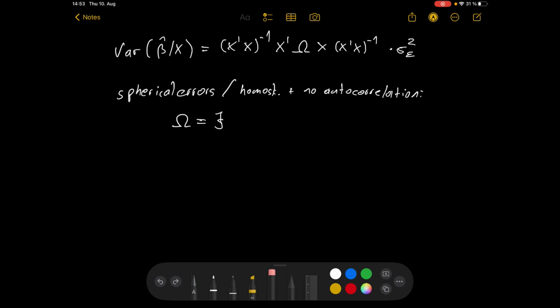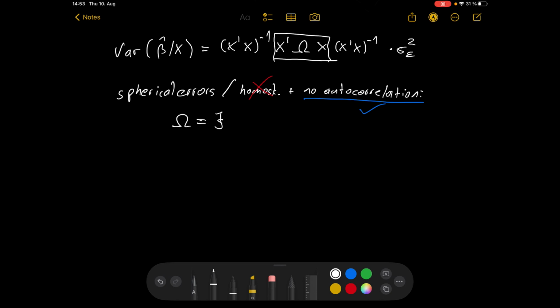Now, we can make multiple assumptions on omega. The simplest, which you do for the cross-sectional case, is that you assume that there's no autocorrelation, but you assume that errors are not homoscedastic. That's essentially the case for the robust standard errors. Now we just need something that estimates this matrix.